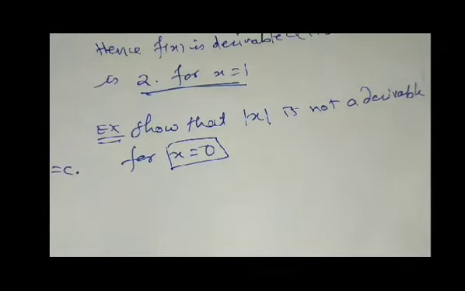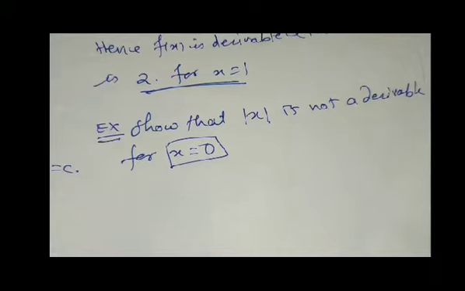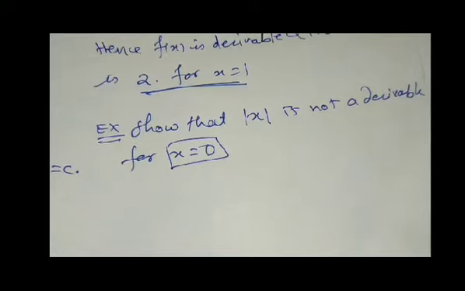So in this problem, we have to show that mod x is not derivable. That means its derivative does not exist. In the previous example, f of x equal to x square is derivable, but here we have to show that mod x is a function which is not derivable for x equal to 0.